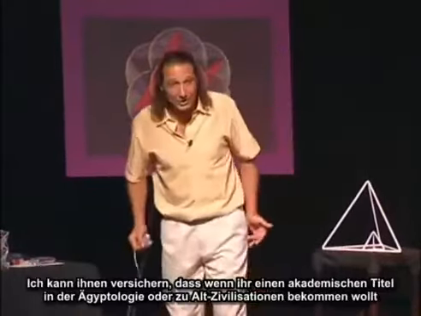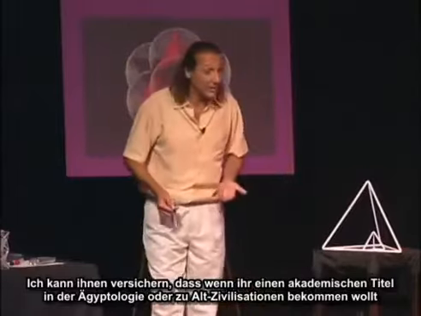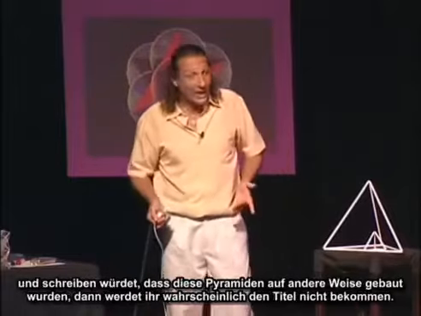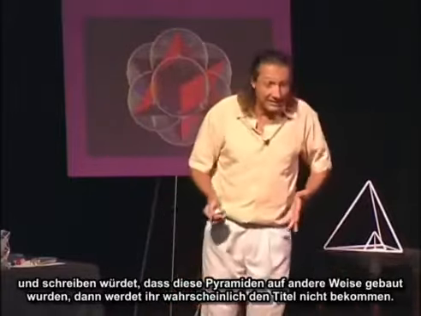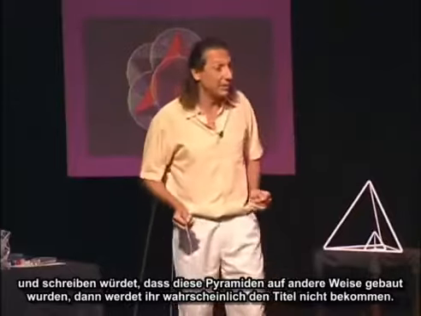And I assure you, if you're doing a PhD in Egyptology or in antiquity, in ancient civilization studies or so on, and you write a thesis that these were built in any other way, you're probably not going to get your PhD.